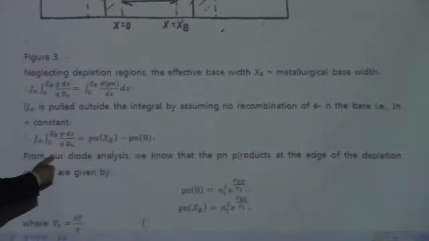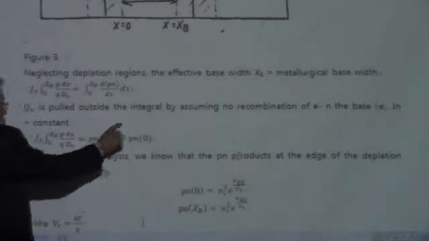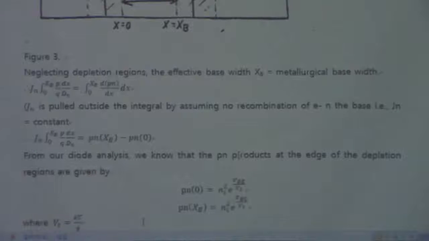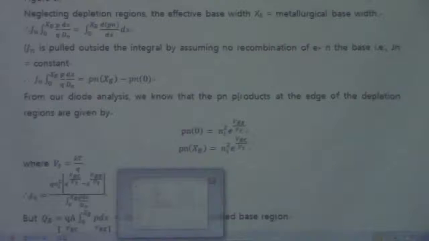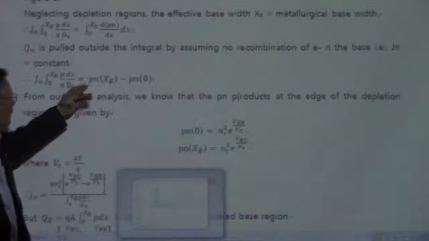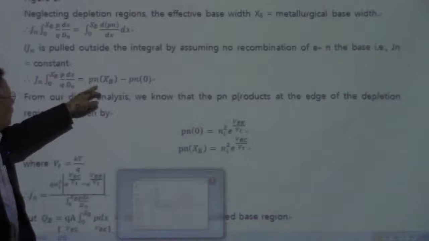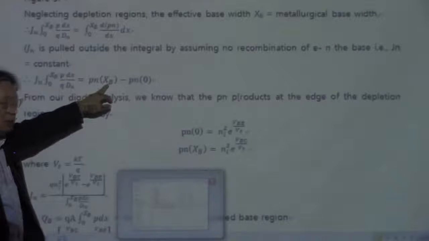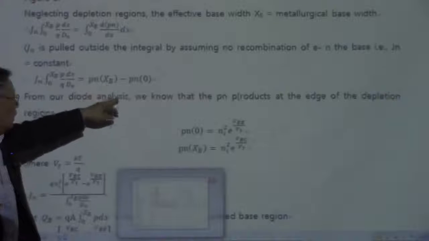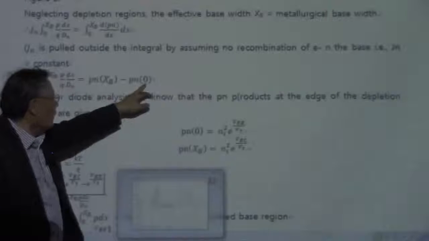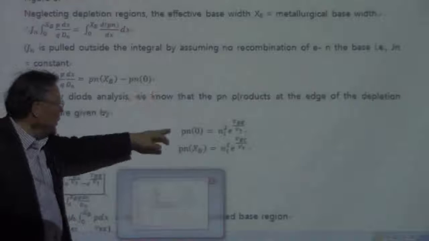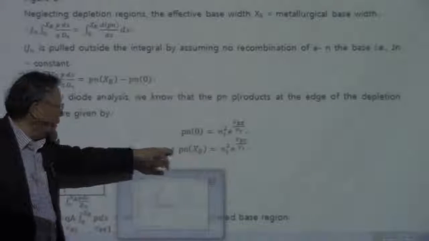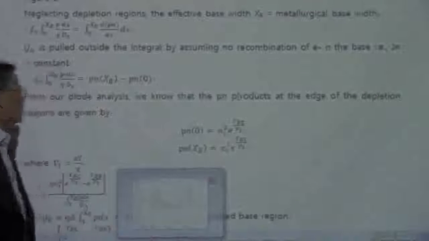So this integration is going to equal this part. It is simple mathematics. And then we know from the diode characteristic the pn product at xb, this is the physical position, the location, and the pn product at x equal to 0 is going to look like this, where Vt is the thermal voltage.